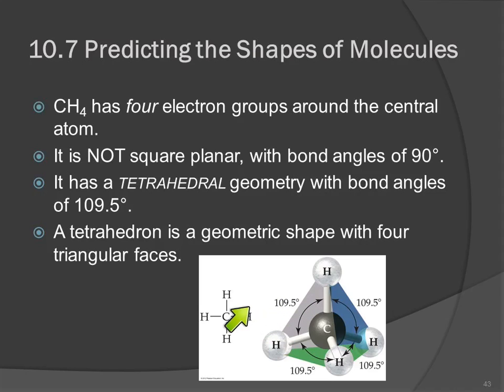That's larger than if they were flat. This would be a 90-degree angle. They can get a little farther away by popping up into a tetrahedral shape. Okay? Any questions? So tetra is the prefix that means 4. A tetrahedron has 4 sides, 4 faces.